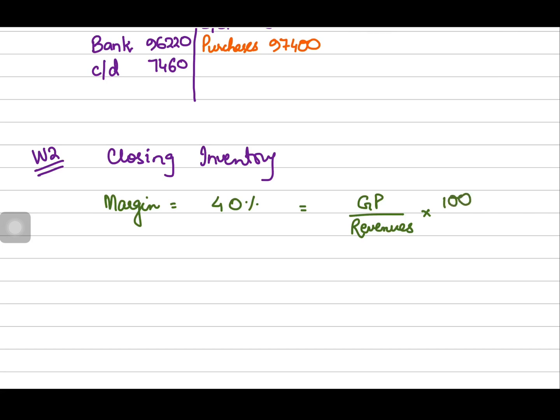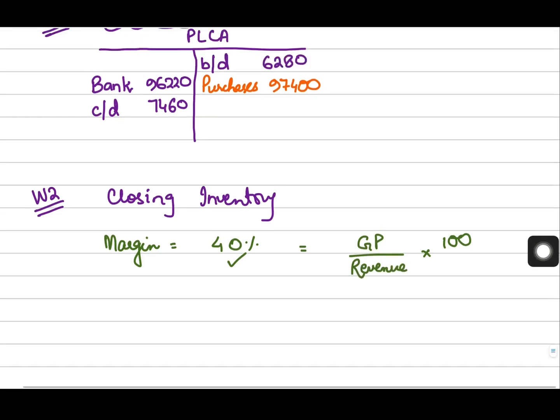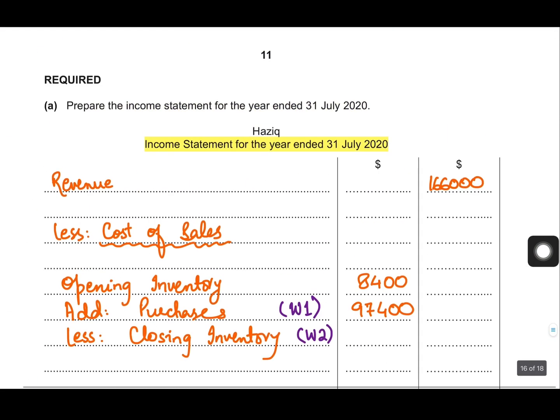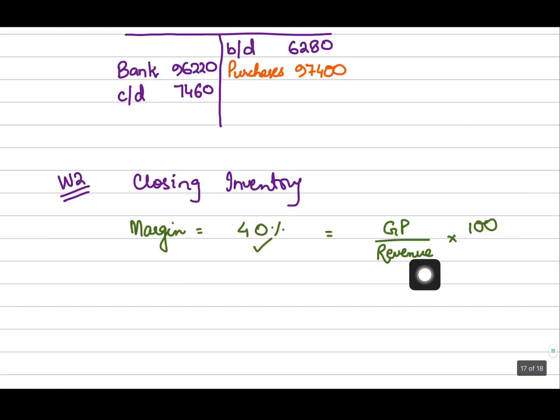Now if you are given the ratio, do we have anything else from this formula in the question? Do we have gross profit yet? No, we don't have gross profit yet because we don't have cost of sales yet, but we have revenue in the question, and that was 166,000. So using what we have, we can find out what we don't have. 40% is the gross margin.